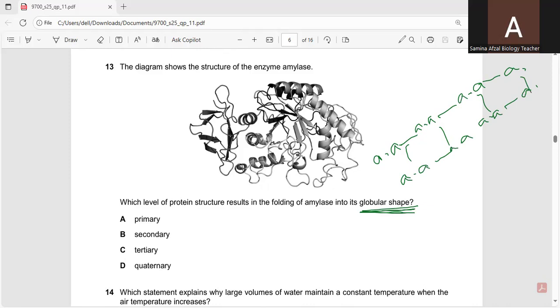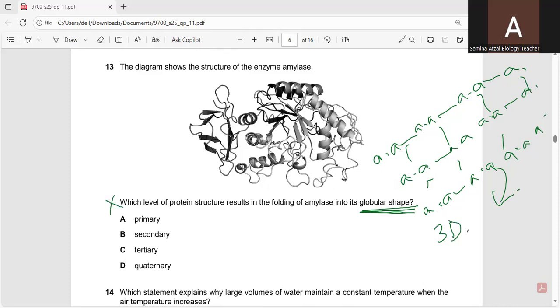And then a little bit of folding will take place. So when there is tertiary structure, it gives the 3D structure. Tertiary structure will give the 3D structure.